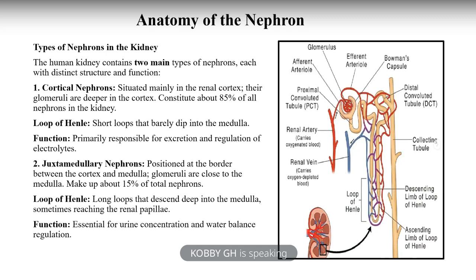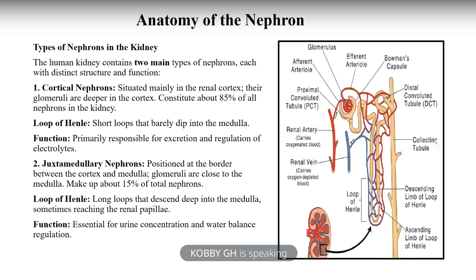If you want to look at the functions more extensively, these types of nephrons are very important because they play a role in filtration, reabsorption, secretion, regulation of electrolytes, maintaining fluid balance, and formation of urine.